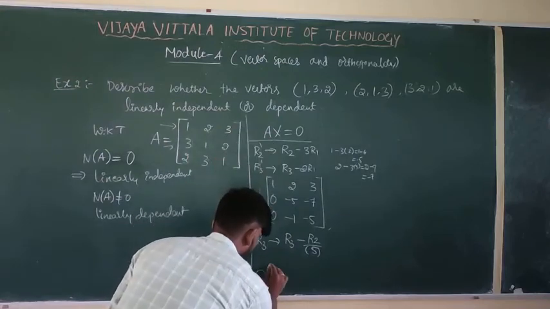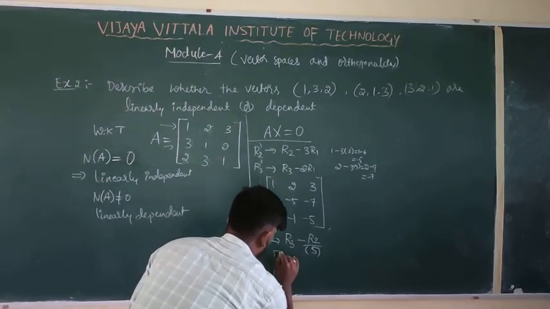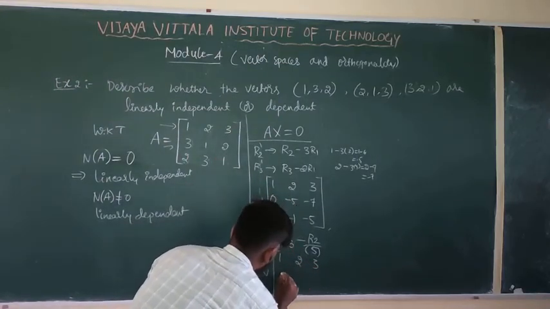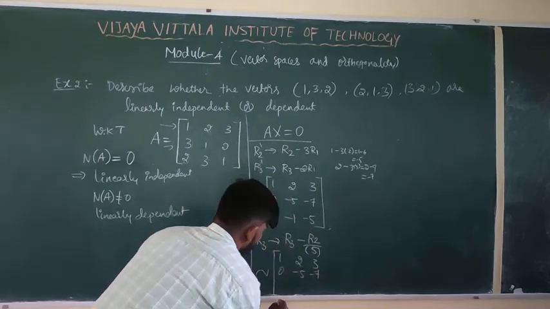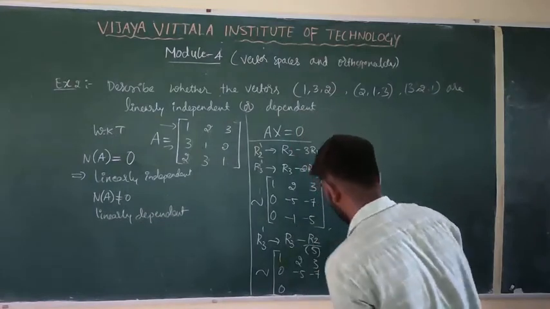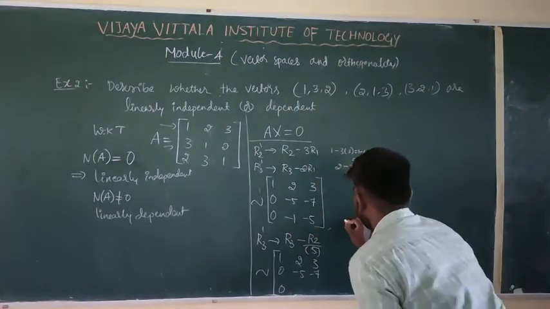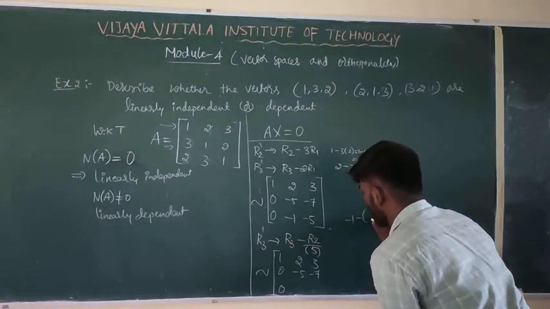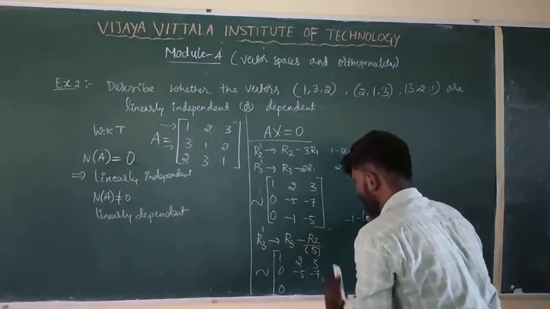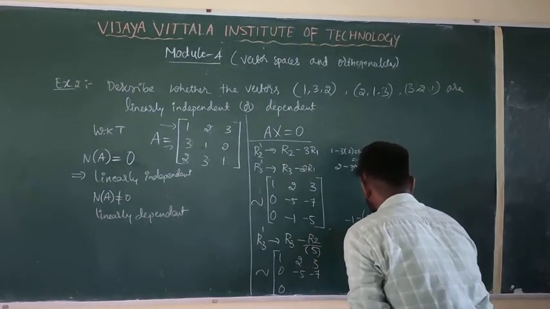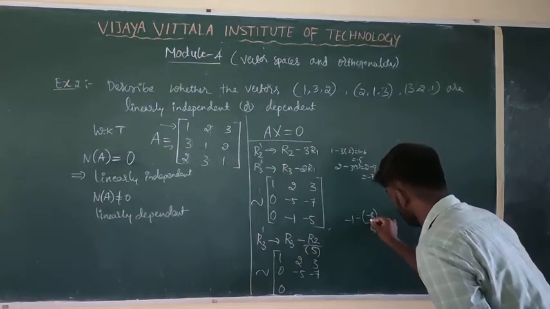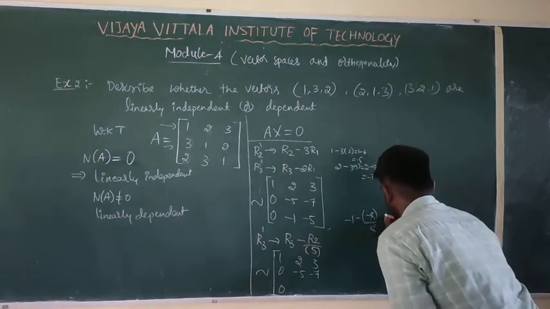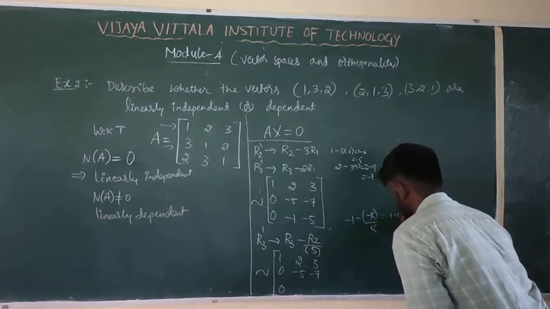Then we get the resultant matrix: 1, 2, 3, 0, minus 5, minus 7, 0. Then R3 is minus 1 minus R2 by 5. R2 is minus 5 by 5. Minus into minus is plus, 5 gets cancelled. Therefore, minus 1 plus 1 gives 0.